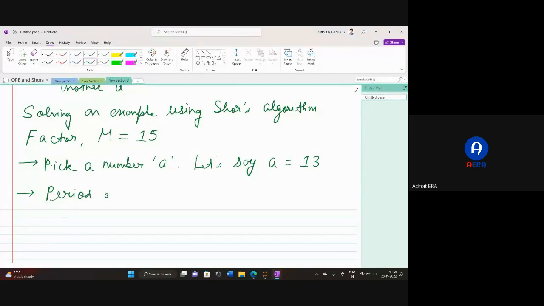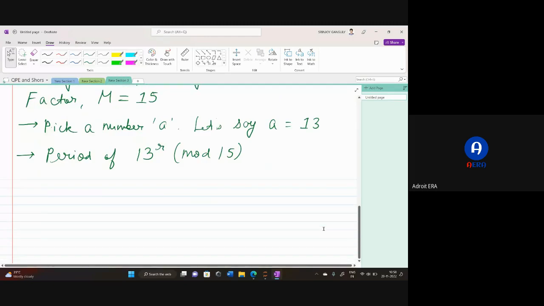Period of a to the r, that means we need to calculate 13 to the power r mod 15. Mod m, remember, a to the power r mod m, right? That is the value which was given in Shor's algorithm. So let us say that r now will be what. Let us start with some values.